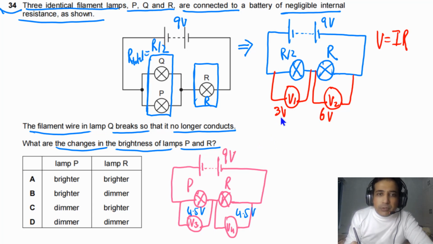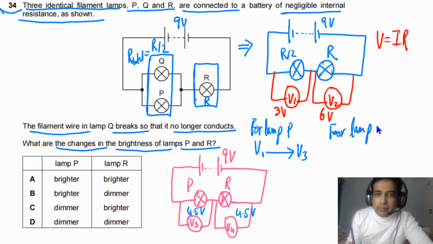So in this case, for lamp P, the reading will change. The potential difference across lamp P will change from V1 to V3, and for lamp R, reading will change from V2 to V4.